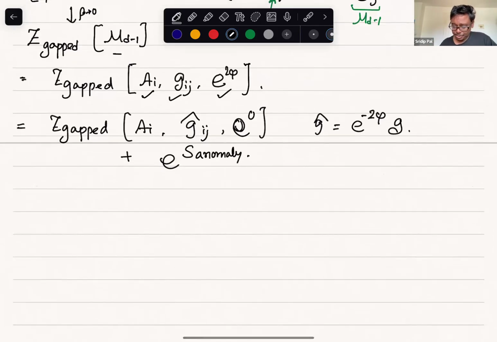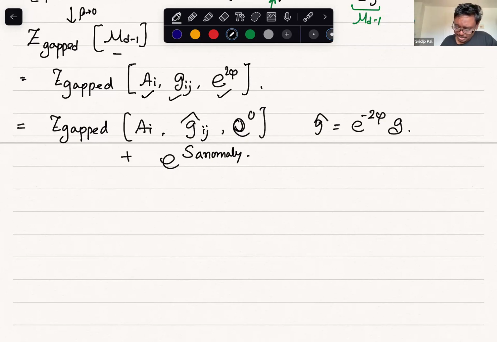Now the idea is to choose a scheme, and in that scheme you can figure out the anomaly term, and you also have to compute the ground state energy or the Casimir energy in that same scheme. And so you have to keep track of those terms by your choice of scheme.